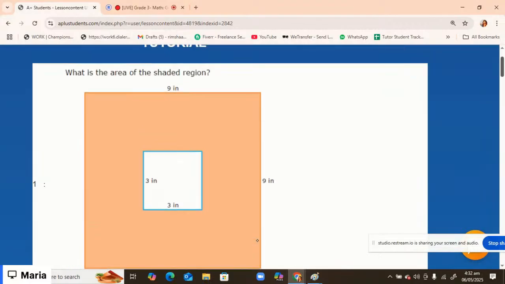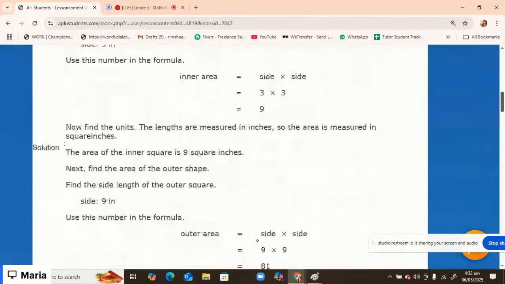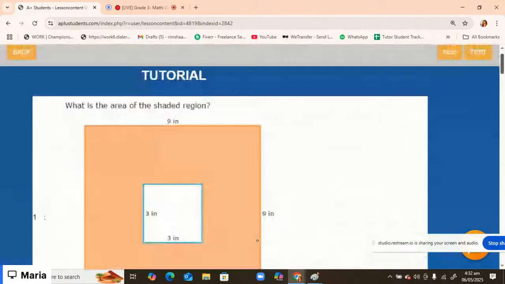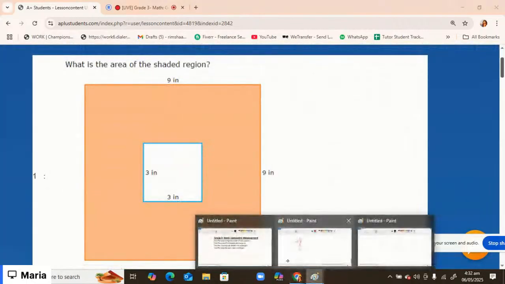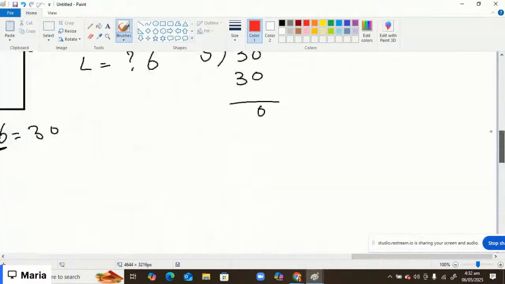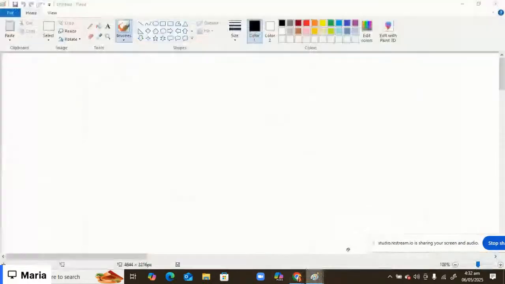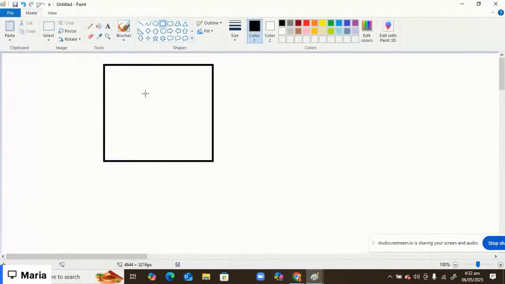Okay, what is the area of the shaded region? All right, we find out both the areas and then we subtract. Understand? Let's suppose, for example, here is a square and inside of it this is a square.